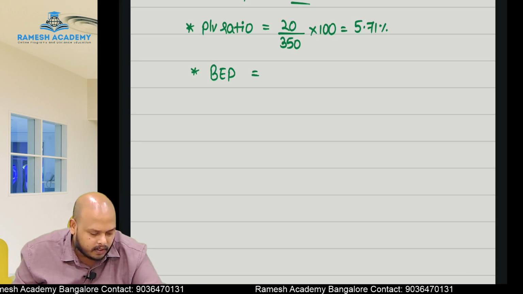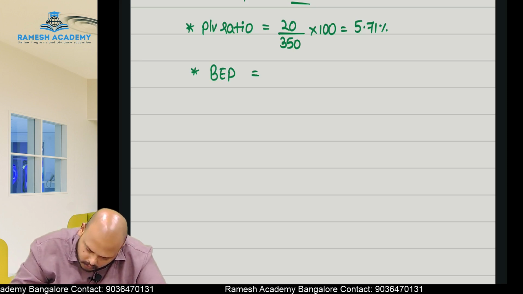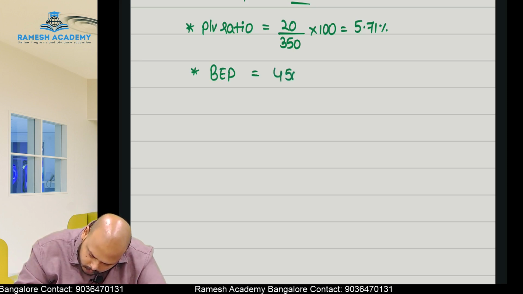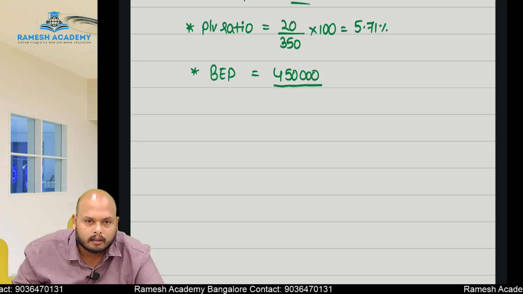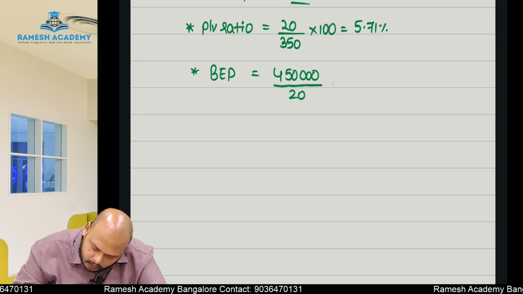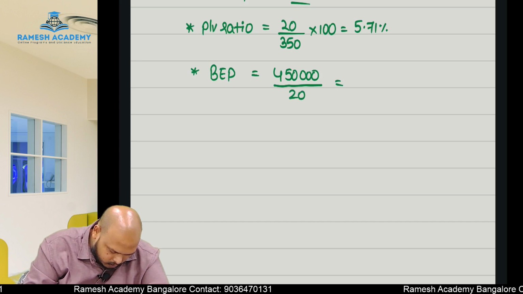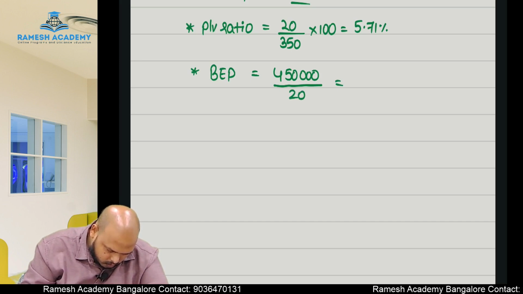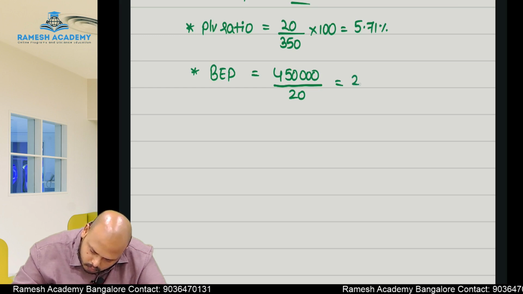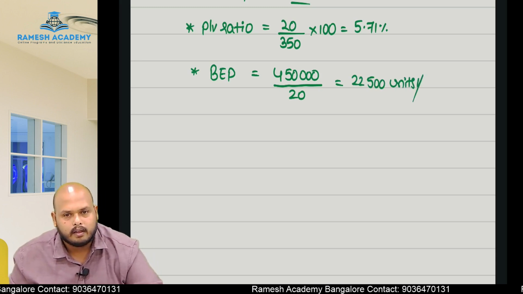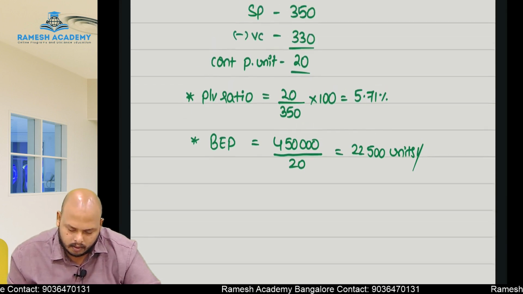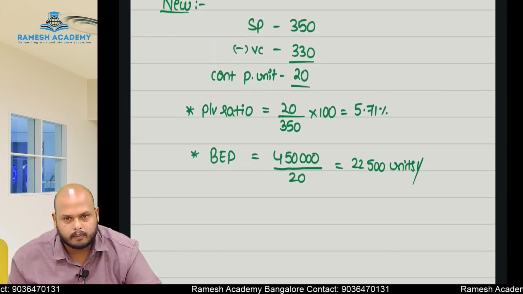He said fixed cost has been increased to how much? 4,50,000. 4,50,000 divided by what is the contribution for 1 unit? 20 rupees. 22,500 units. Break even point is equals to how many units? 22,500 units.